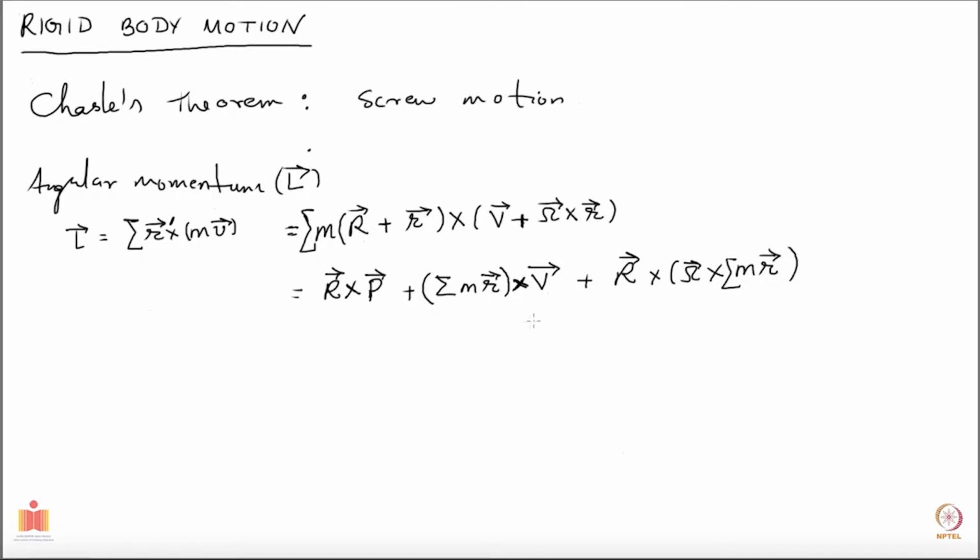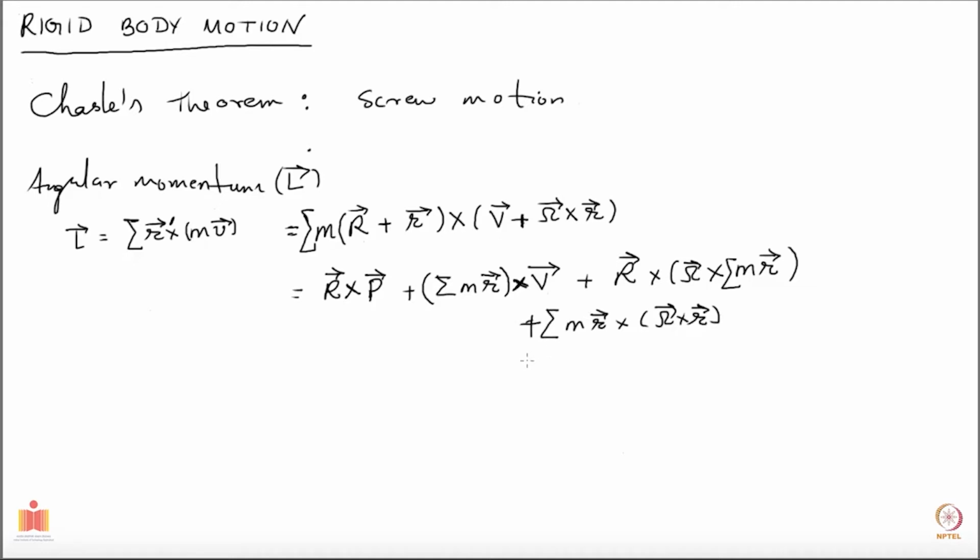Plus one more term, the most important one, and that is m small r cross omega cross r, and we have to sum over all body points.